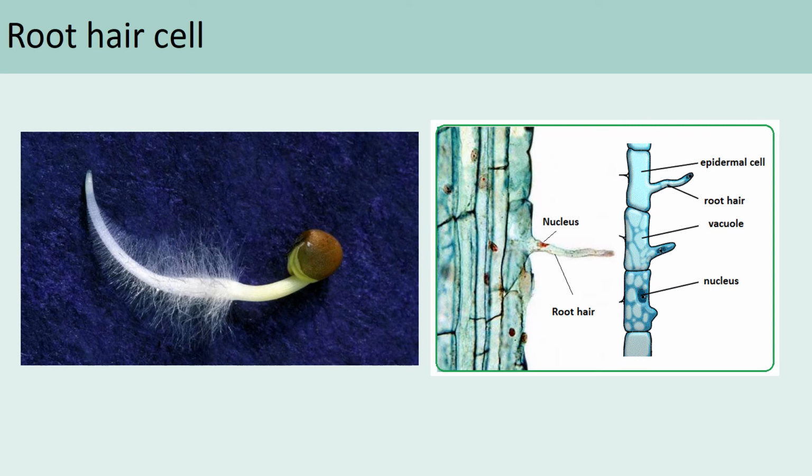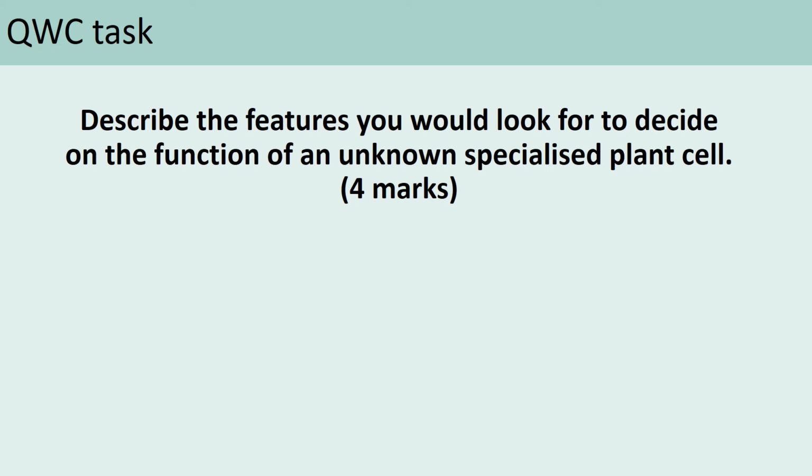Okay, I'd like to finish on a question. And the question that I would like you to have a go at answering in your books is: describe the features you would look for to decide on the function of an unknown specialized plant cell.